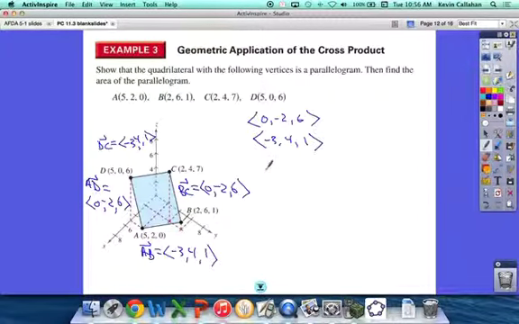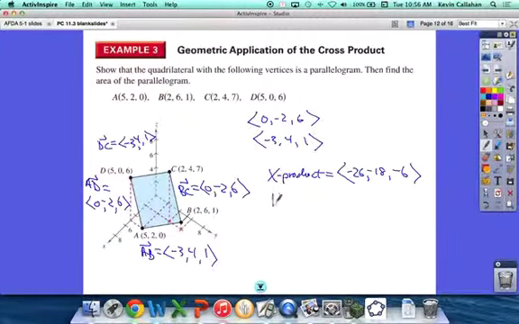Right, the cross product is, cover up the first. Negative 2 minus 4 times 6, negative 26. Right, cover up the middle. 0 times 1 minus negative 3 times 6. That's 0 minus negative 18, which is plus 18, but there's a minus in front of it. And cover up the last. 0 minus 6, negative 6.